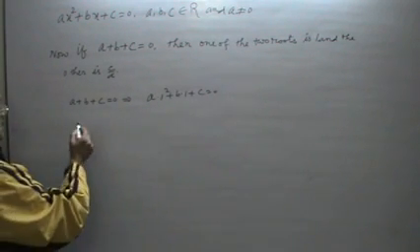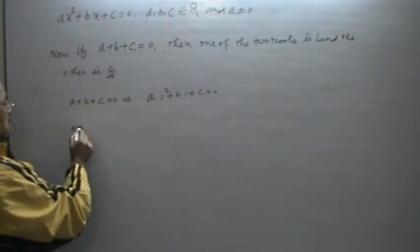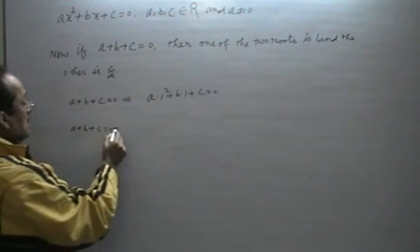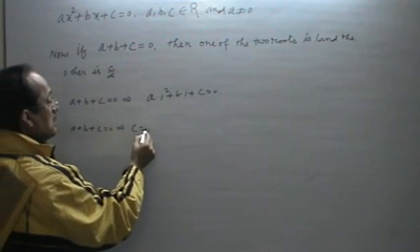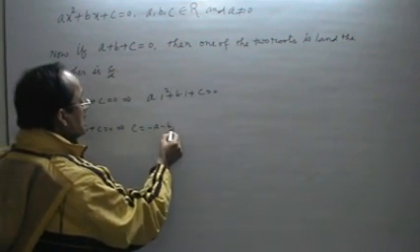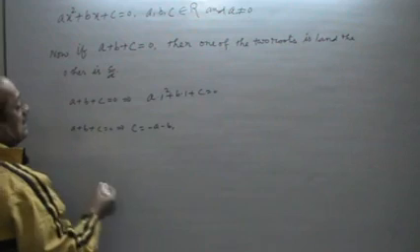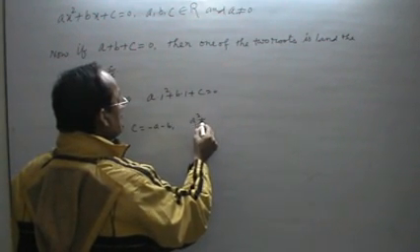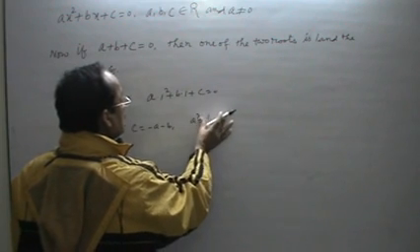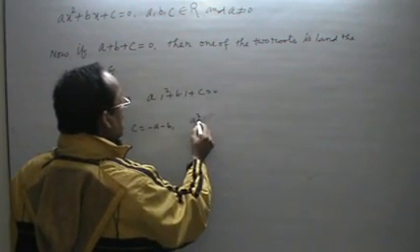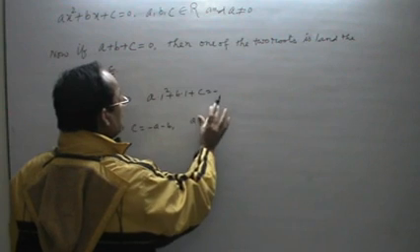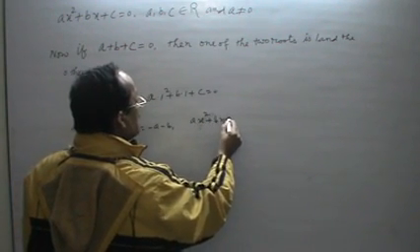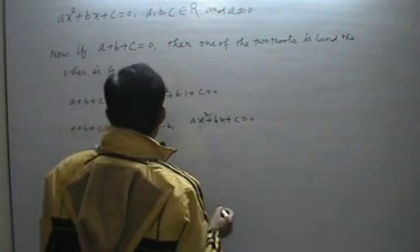The other way is a + b + c is equal to 0, which implies c is equal to minus a minus b. Put this value in the equation ax² + bx + c = 0.